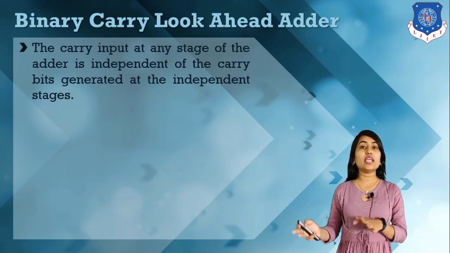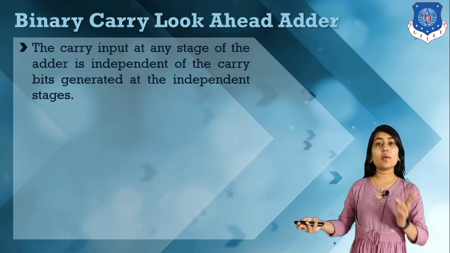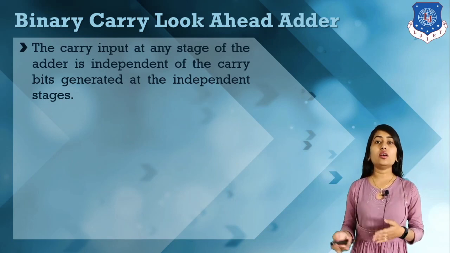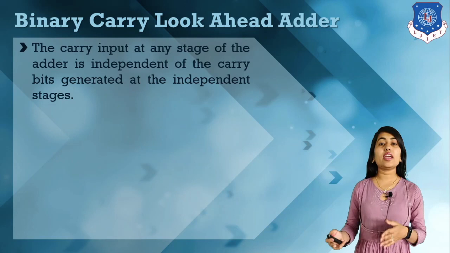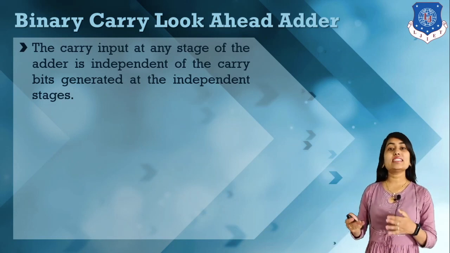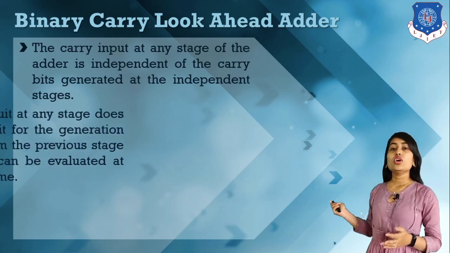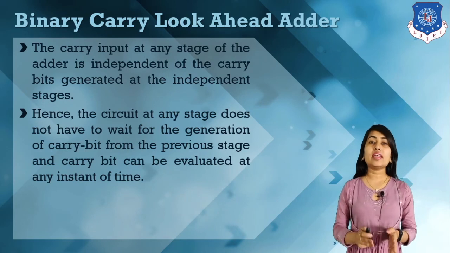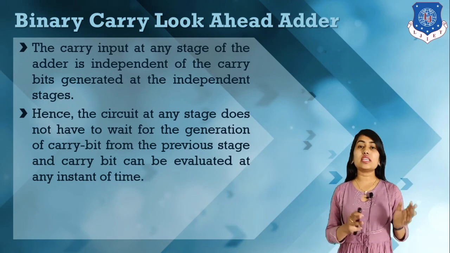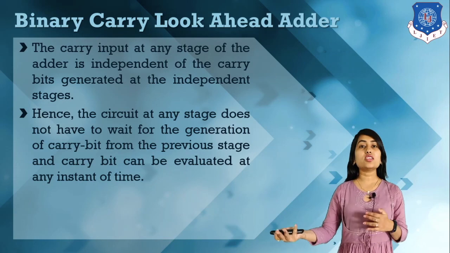If we calculate the carry separately, and make the carry of a next stage independent of the previous stage, then we can calculate the carry bits separately and add them into the sum bits. So to calculate the sum bit, it is necessary to calculate our carry bit separately. This makes our carry look ahead adder faster than other adders, because it calculates the carry and then adds it to the results for the sum bits.